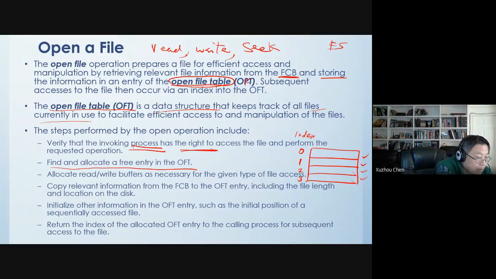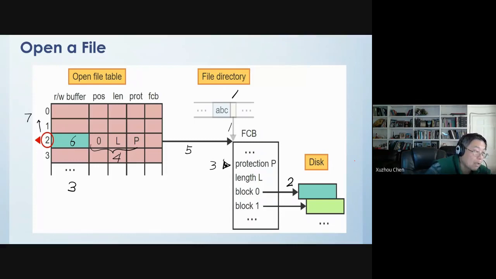So find and allocate a free entry in the OFT, and then allocate a read or write buffer as necessary for the given type of file. Now this is how you're going to operate the OFT. Let's check an example to see what the OFT is going to look like. Okay, now this is an OFT. So this is the index.